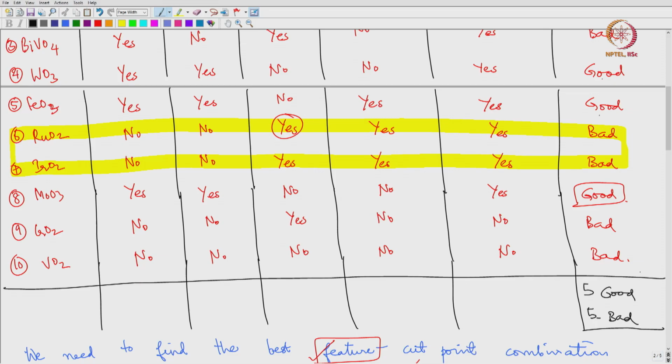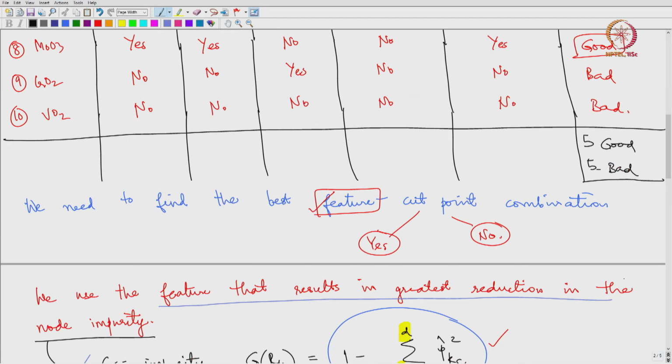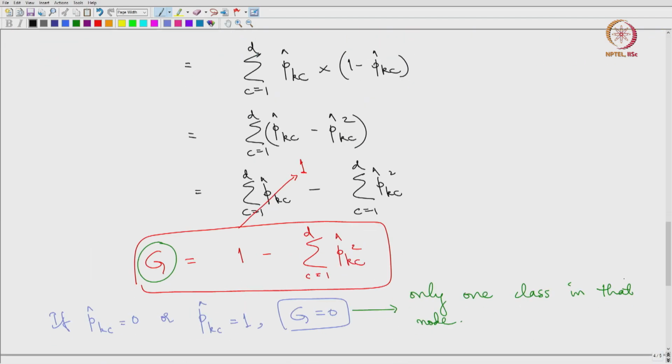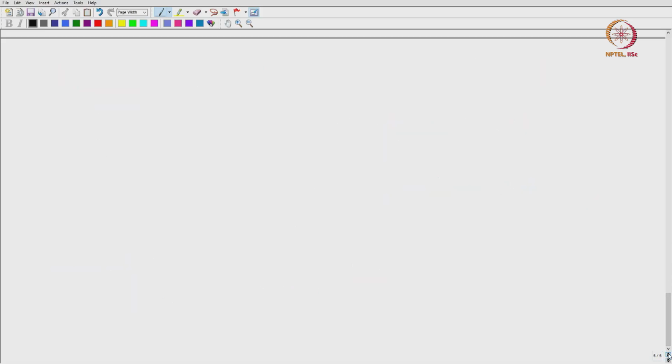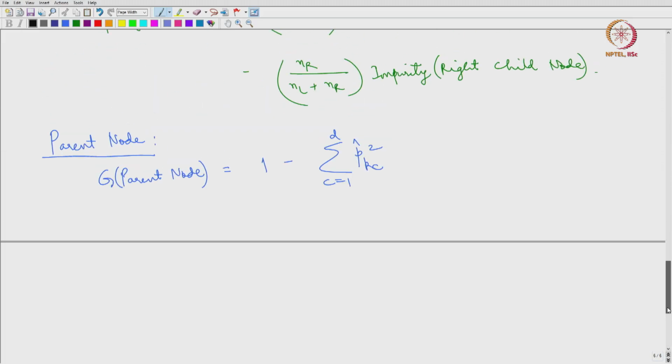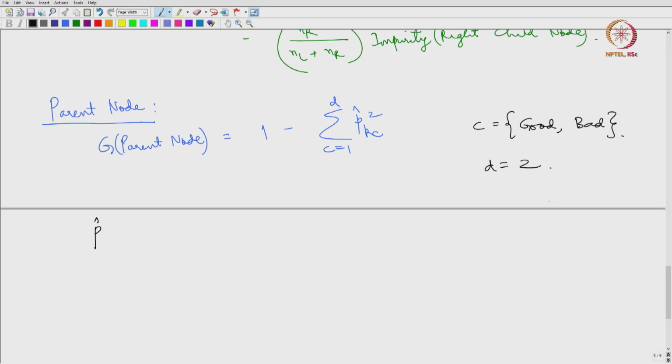There are 5 good and 5 bad points, and this helps us find the impurity of the parent node. So we need the p hat k c. C is basically either good or bad; there are only 2 classes. D is 2 because we are working with a binary classification problem, where we have to say whether it is good or bad.